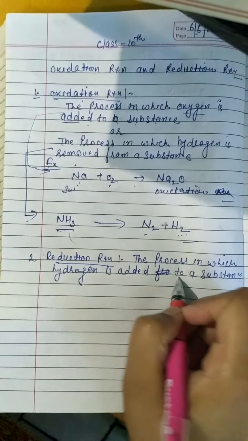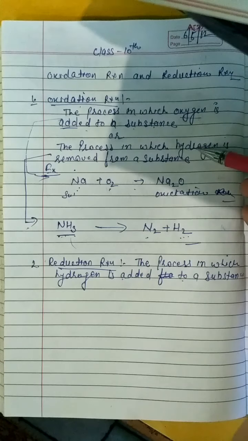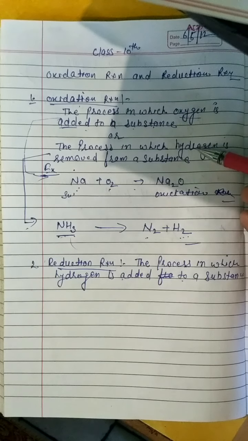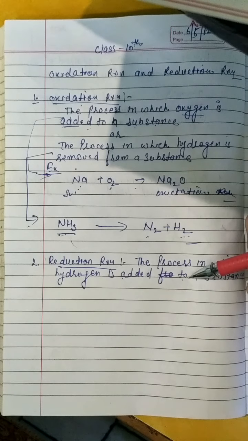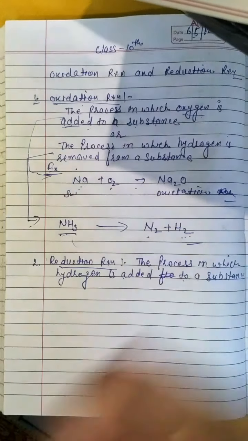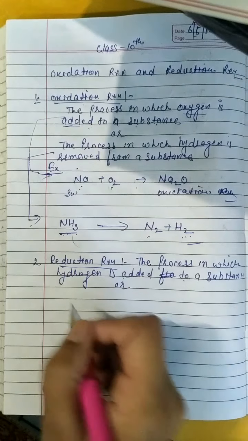In oxidation, we remove hydrogen from a substance, but in a reduction, hydrogen is added to a substance. The second definition is the opposite.